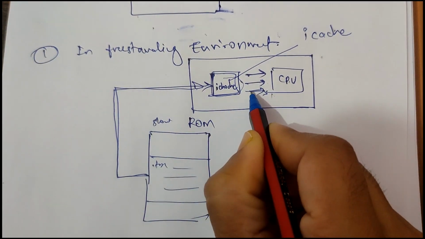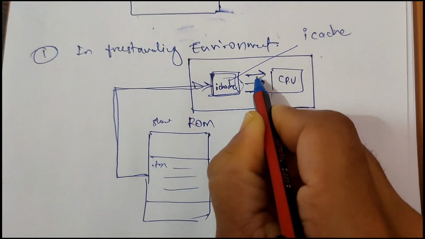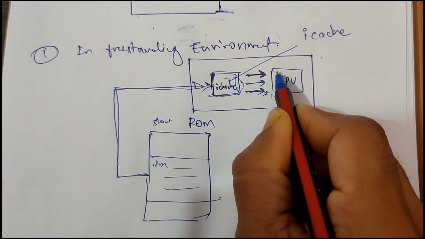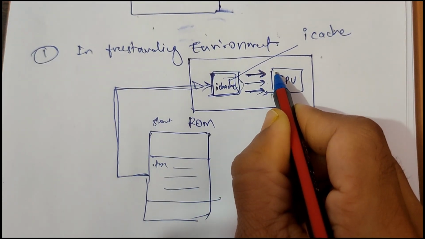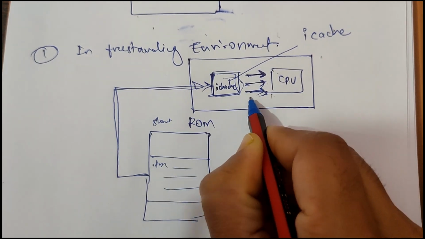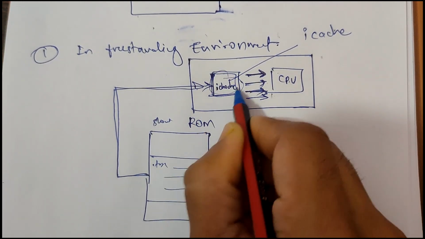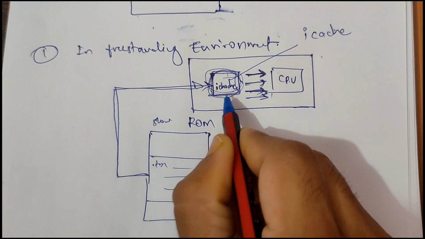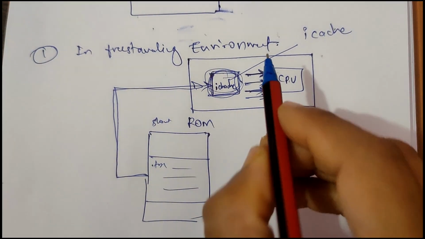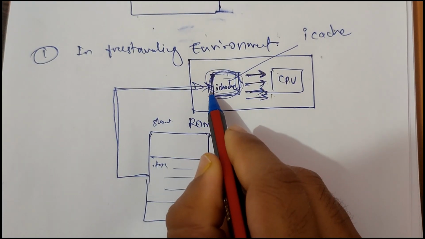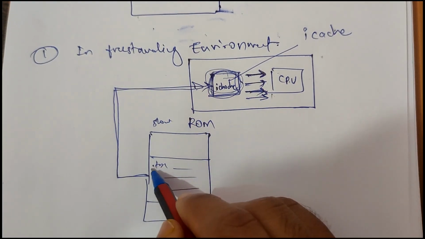So we see that if the CPU is processing the first instruction, the second, third and fourth are already available in the iCache. So while executing those, it can issue a fetch of the further instructions.